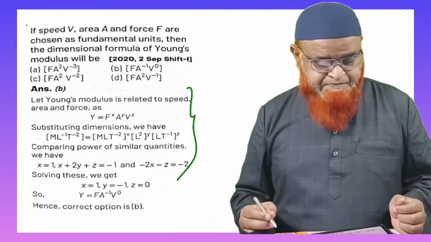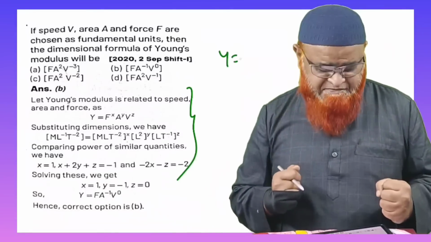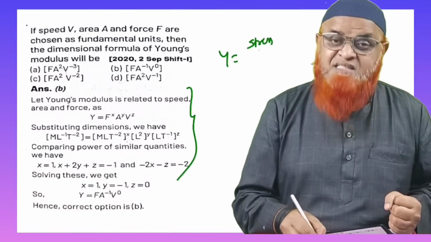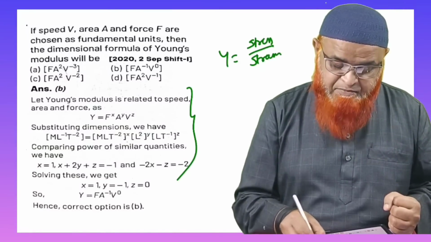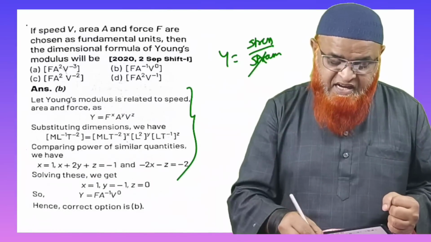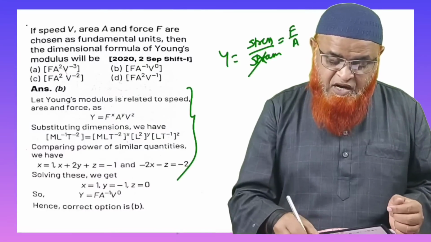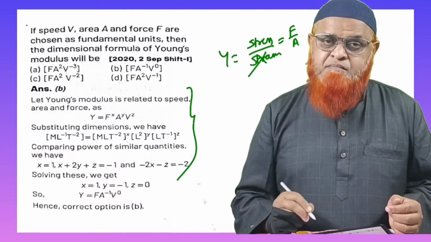You just see here, he's asking us to find the dimensional formula for Young's modulus. You all know Young's modulus is nothing but stress by strain. Strain does not have any dimensions because it's a ratio, and stress is nothing but force by area.